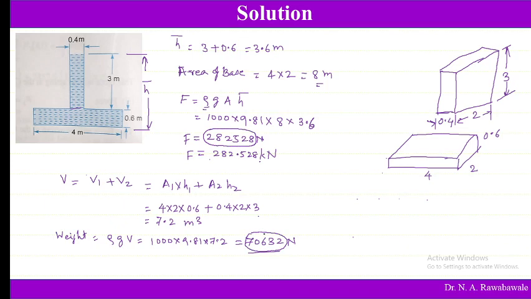So hydrostatic paradox is the difference between the total pressure and weight. We can write here hydrostatic paradox is equal to F minus W. F is 2,82,528 minus 70,632.